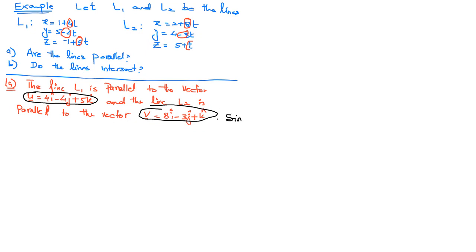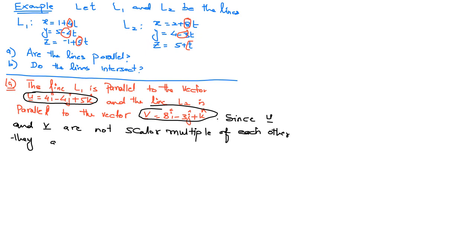So since u and v are not scalar multiples of each other, they are not parallel.